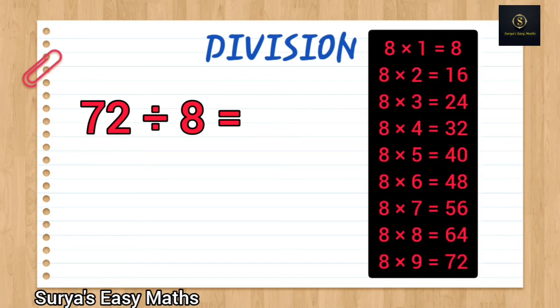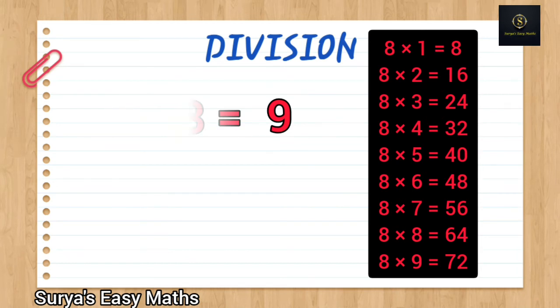So here 72 comes in the table of 8. Therefore, 72 divided by 8 is equal to 9. So here I write 9 as the answer of 72 divided by 8.